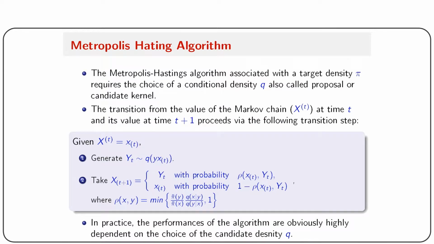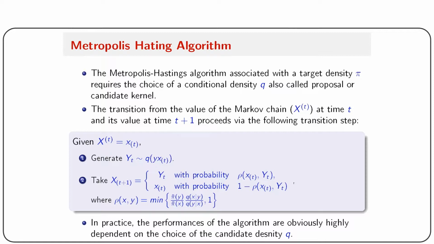The Metropolis-Hastings algorithm associated with a target density pi requires the choice of a conditional density q, also called the proposal or candidate kernel. The transition from the value of the Markov chain xt at time t to its value at time t plus 1 proceeds via the following steps.